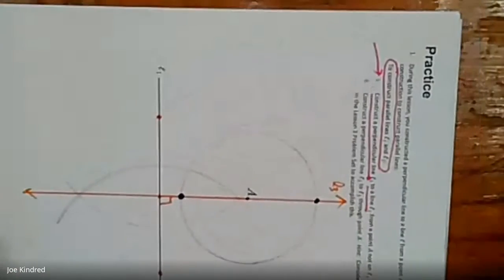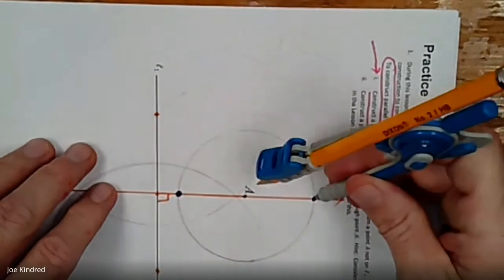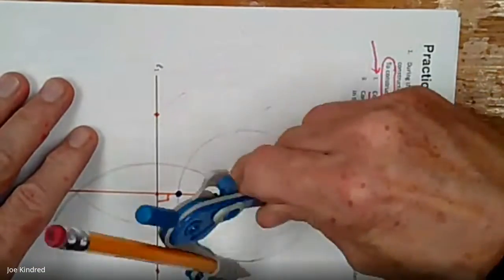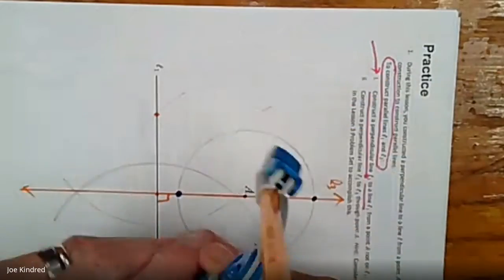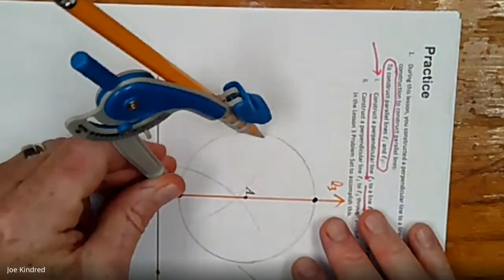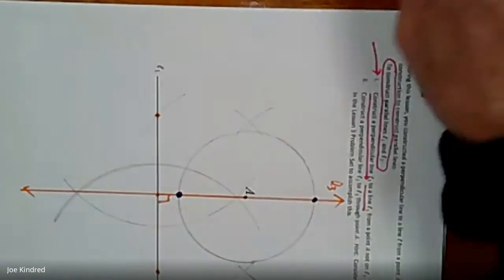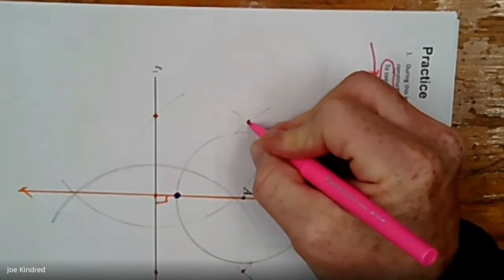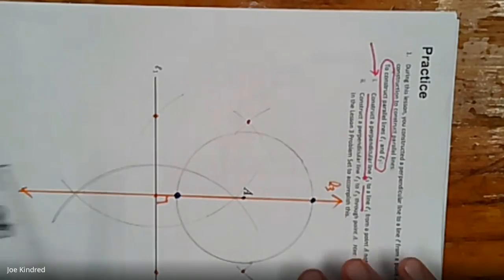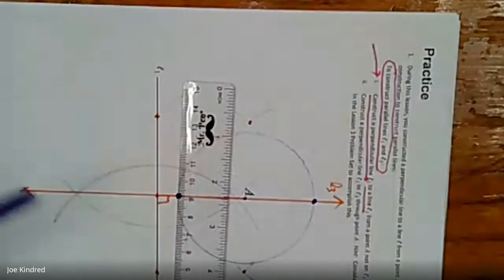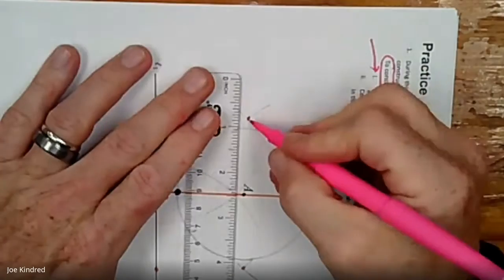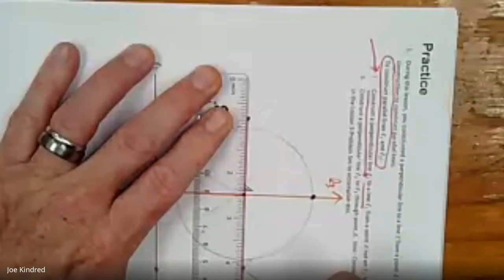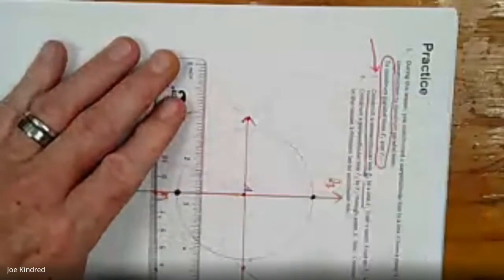And so as I do that, I'm going to go just beyond the halfway point. And I'm going to find that I have 2 points of intersection from those marks that I then use to construct a perpendicular to line 3.